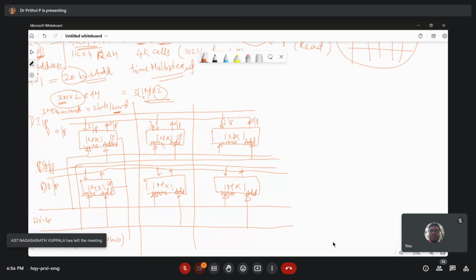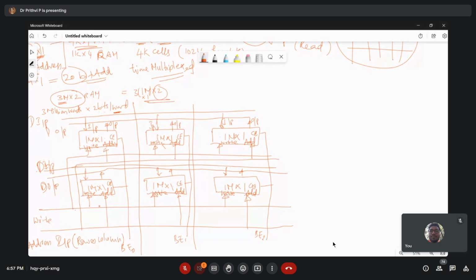So each bank will be having a common chip enable. This will be addressed by bank enable signal 0, if this is bank enable 1, and this will be bank enable 2.